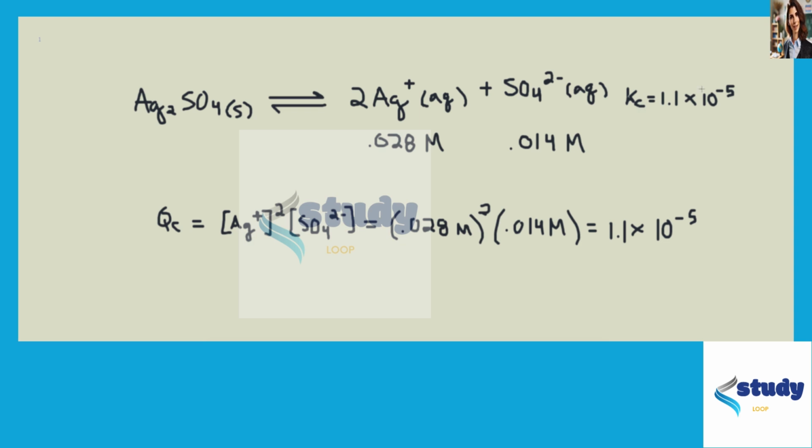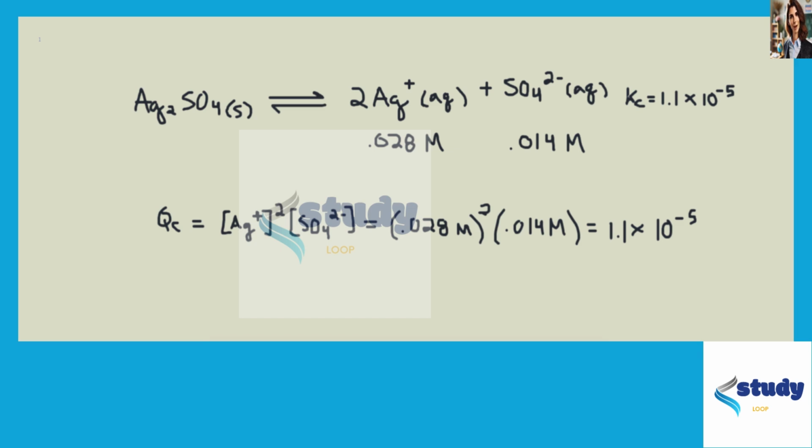And so there's some math that went into this before I got to this step that I'll explain, but it would take up a lot of space. We want to figure out the concentration of each of the products in this reaction so that we can get a reaction quotient to compare to the equilibrium constant. We're given the mass of silver sulfate, which is 6.55 grams.